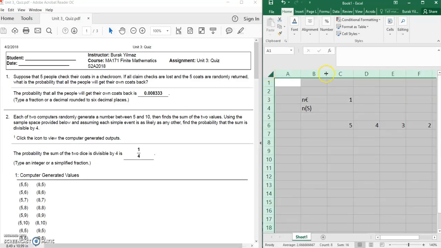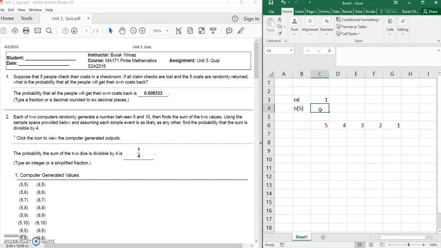So let me just make these smaller. So essentially, by the principles of counting, when you multiply these numbers, which I'll do here, that's the product, all of these multiplied, that's going to be 120. So the probability here would be 1 divided by 120.